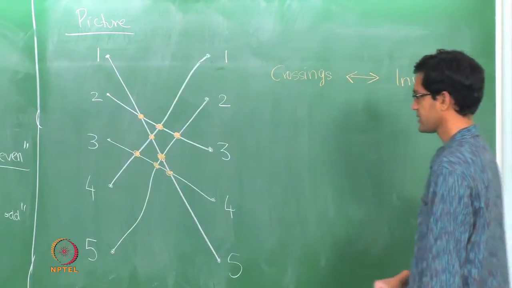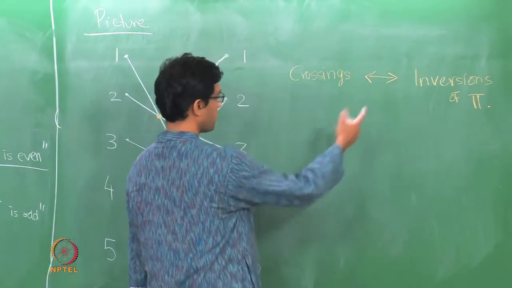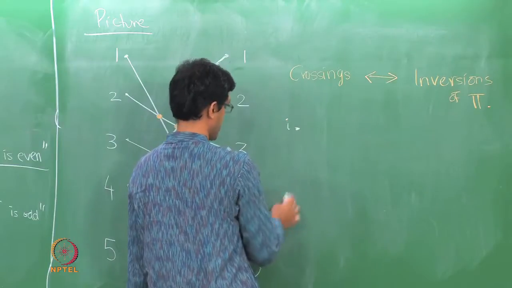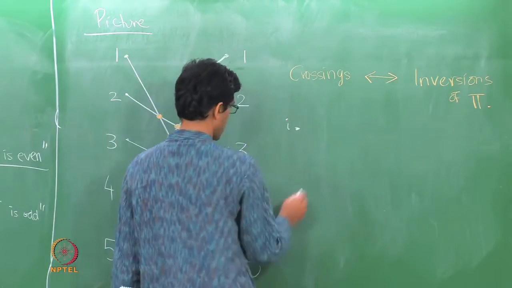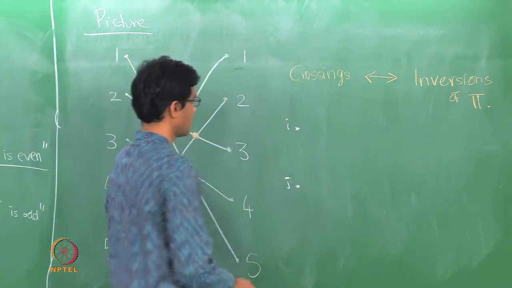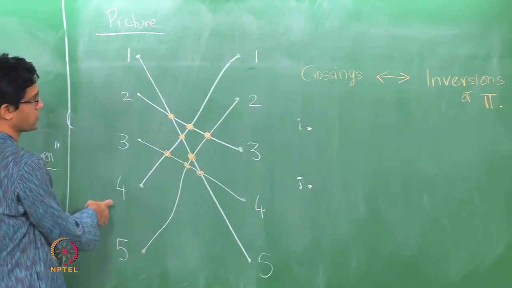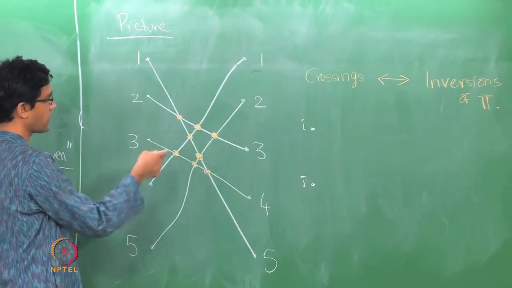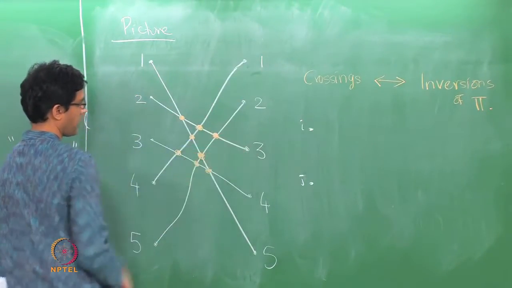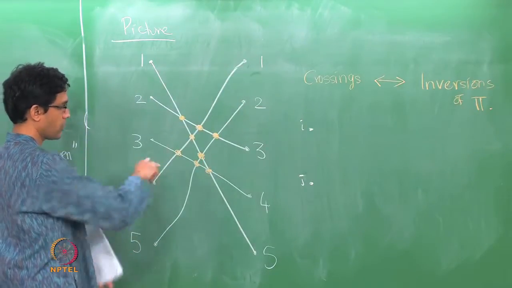Okay, and why is that? It is a very simple observation. What does an inversion of pi mean? It means that you have two numbers i and j, and this is the definition, that i is smaller than j. Let me draw it in this diagram. Let us say i is this and j is something larger than i. So i could be 2 and j could be 4, for instance, but pi of i, which is what i maps to under the transformation pi, and pi of j, what j maps to, are in the opposite order.